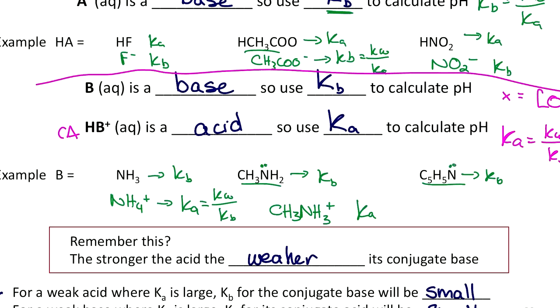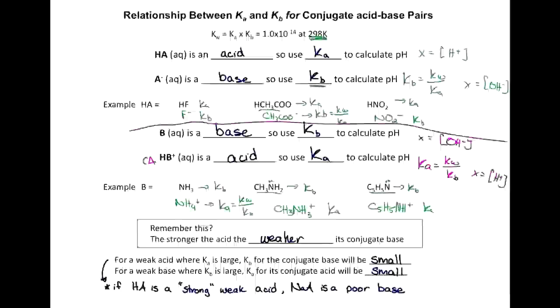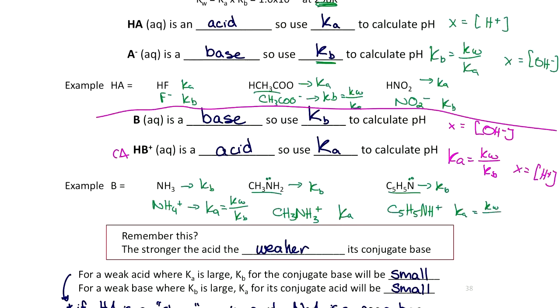If it's nitrogens and hydrogens and carbons, it's probably a base. Pyridine is a base. But pyridinium with an extra hydrogen, proton, and overall positive charge, this is an acid. You have to use the Ka expression, which comes from Kw over Kb.